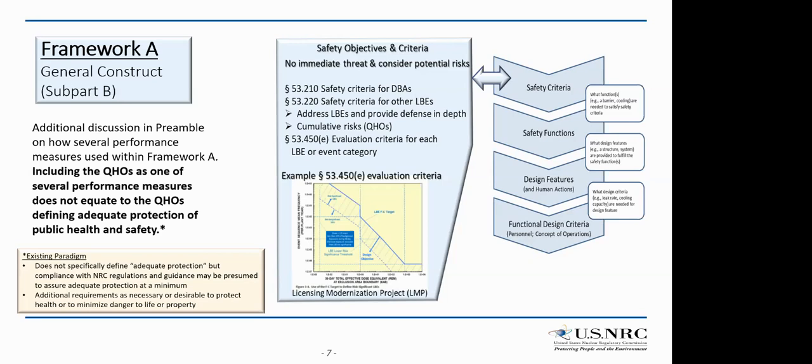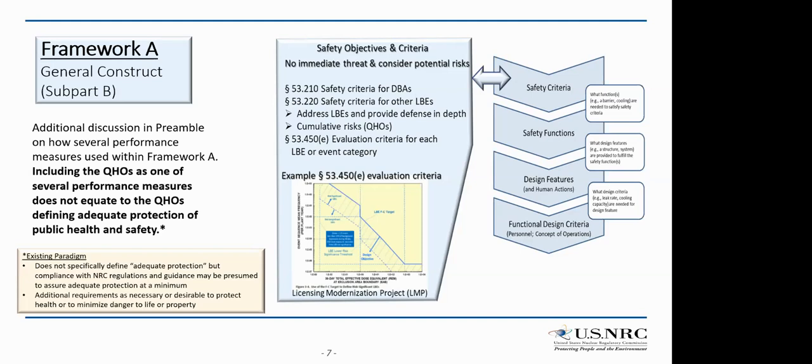So this is where you would include evaluation criteria for each licensing basis event, each event sequence, or classes such as anticipated operational occurrences, or under LNP, it was a design basis event. We call it an unlikely event, and or beyond design basis events under LNP, which we call very unlikely event sequences.